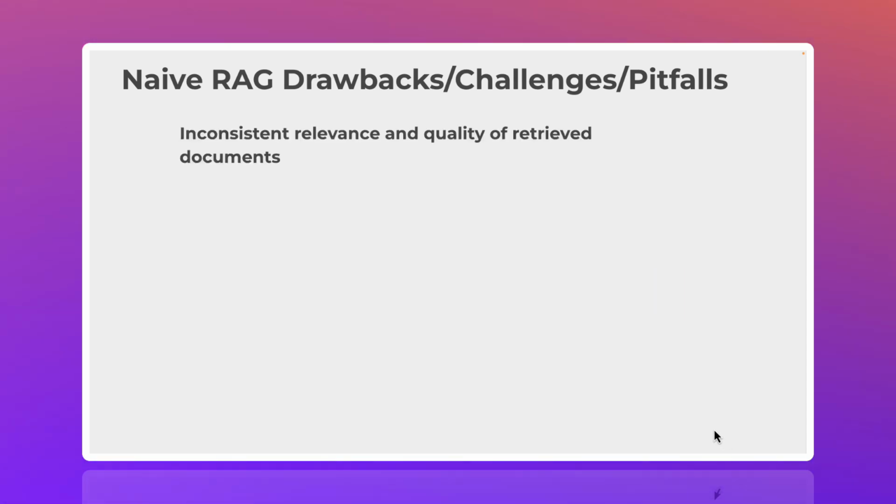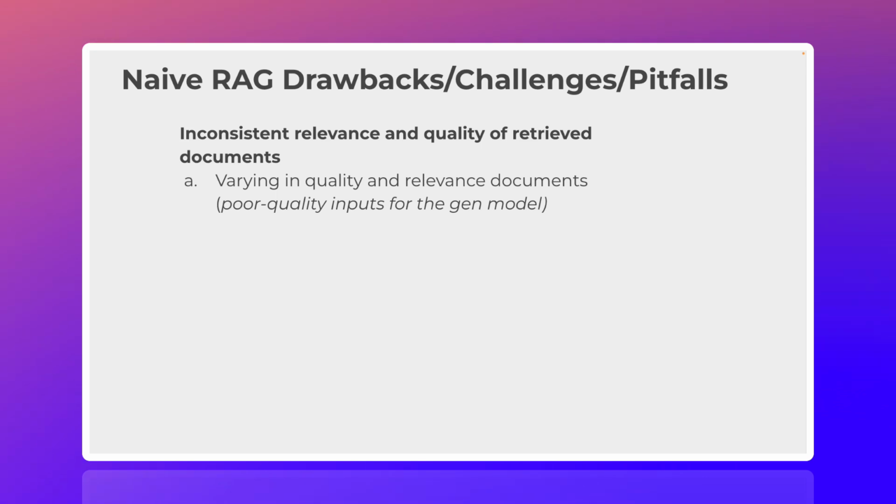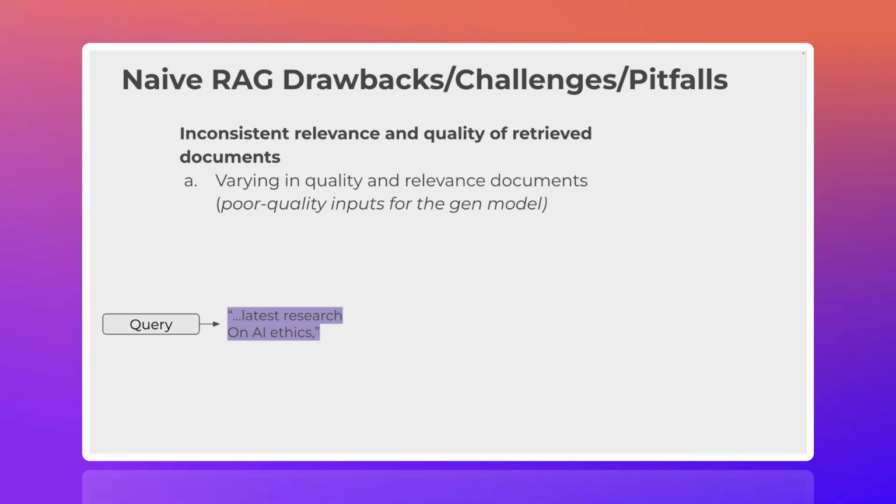Now, the next one we talked about is the inconsistent relevance and quality of retrieved documents. So the problem is the same. With naive RAG, we have a plethora of documents varying in quality and relevance, which means we have poor quality inputs for the model. Again, the same example: we have a query that says, latest research on AI ethics, for instance.